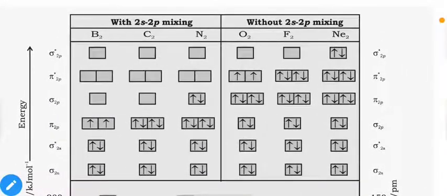Some of the molecules mentioned here we already discussed, and some of them we didn't discuss. So you can use the help and try to find the diagram and electronic configuration of the remaining molecules, and try to find the number of bonds in them. Especially try to find the number of bonds or bond order for nitrogen, and if you find any difficulty, feel free to ask. We will discuss it in the next lecture. Thank you.